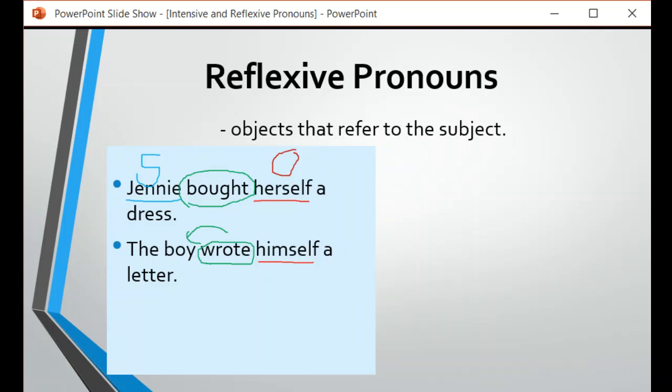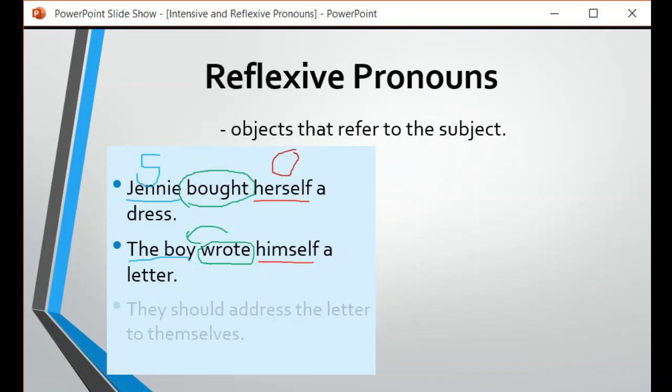The boy did the action. Sinong nagsulat? Yung batang lalaki. So, in the sentence, the boy is your subject. The action word or the action that was done is wrote. And then, himself is your reflexive pronoun.